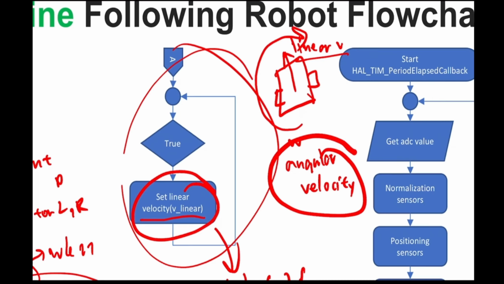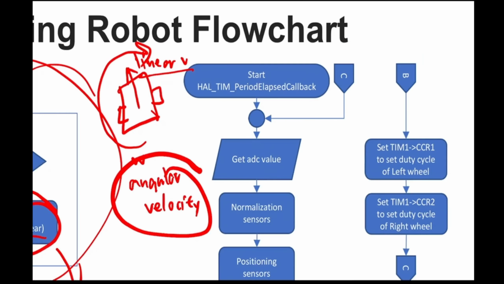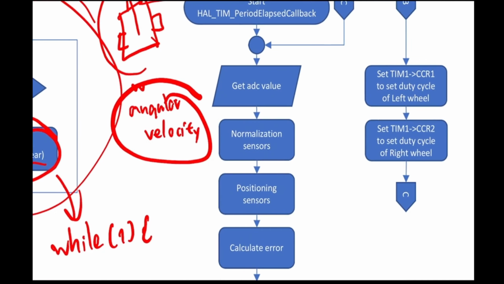Another routine, another task: we have a time period elapsed callback. That is called from the timer interrupt. We use this to be the control part of the robot.